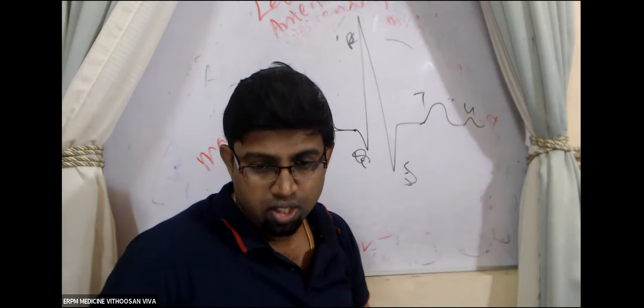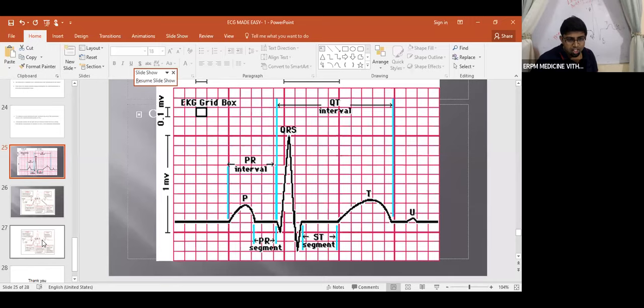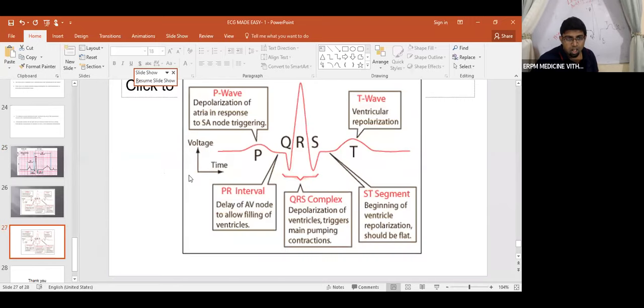Now, what is this P wave, guys? What does this denote? You are aware that when the SA node discharges, like this is your heart, right?